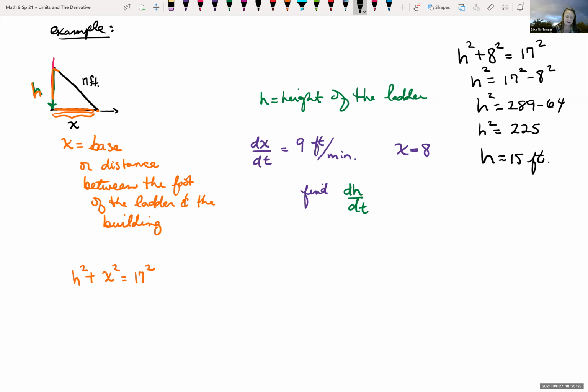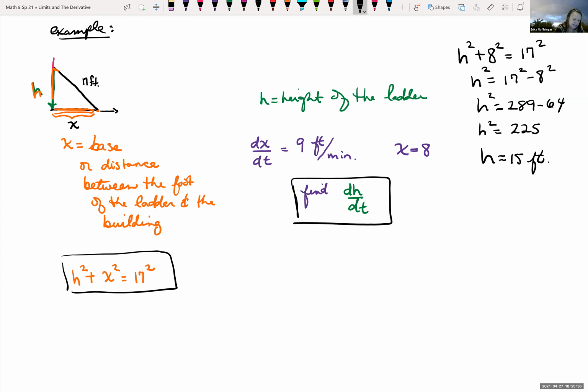Okay, so we want to find, again, dh/dt. So we're going to take our equation that we know. Our height is changing with respect to time, depending on how far that ladder is being pulled out. And so let's go through again and differentiate both sides. Our height is with respect to time and our base is with respect to time.